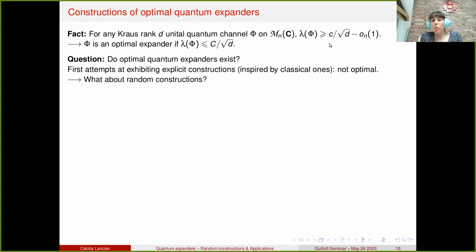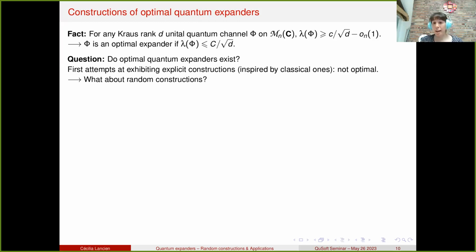What we will call an optimal expander in this case is a unital quantum channel that achieves this order of magnitude of 1 over square root of d for its second largest eigenvalue, where you have an upper bound of the following form for the spectral expansion parameter of your channel phi. Again, the first question: do optimal quantum expanders exist?